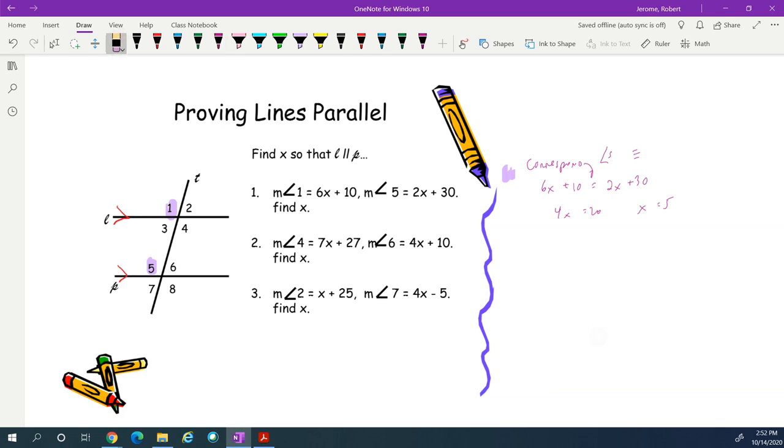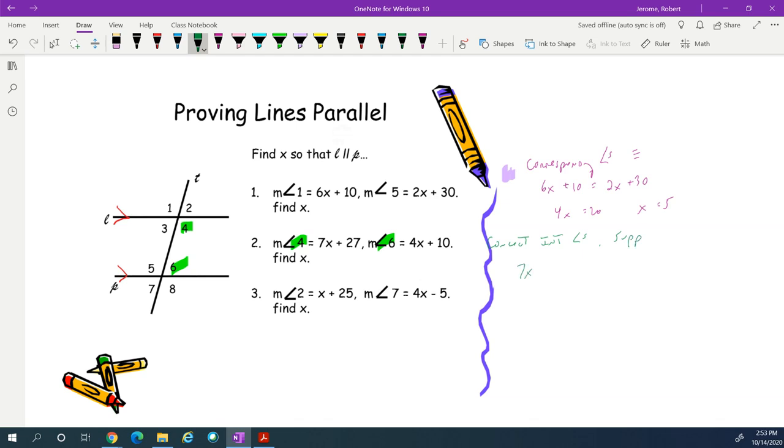Again, in these directions, they're telling us, make the lines parallel. Find x so that they are parallel. So go over there, put the arrows on it. They are parallel, and do what you would normally do. 4 and 6 are consecutive interior angles. Those should be supplementary.